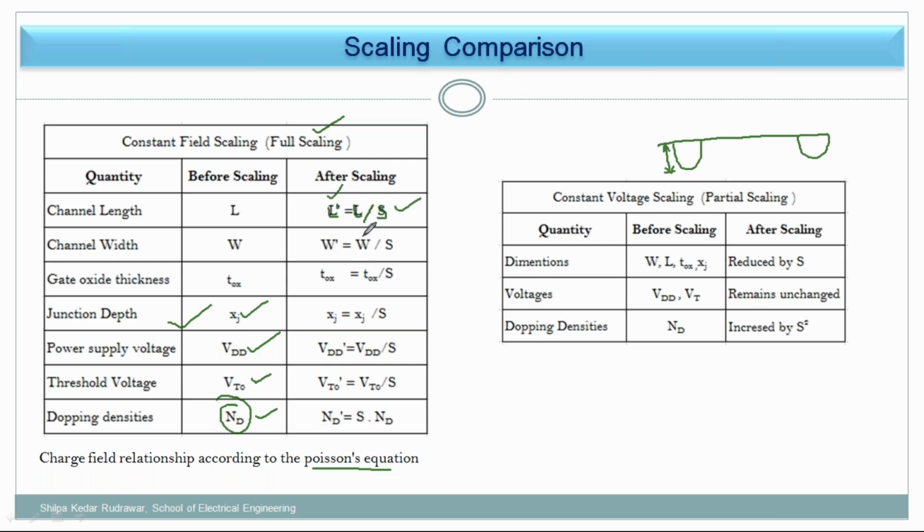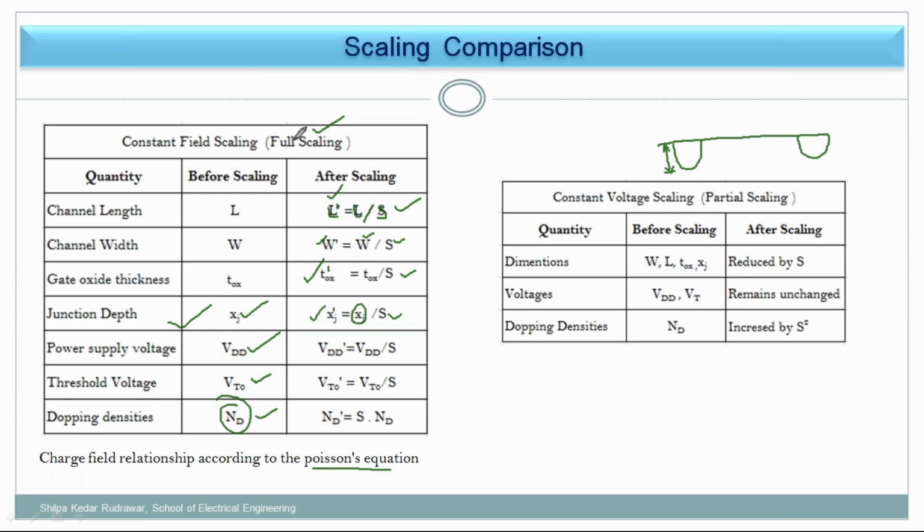In the same way, this is my actual W, scaled down by S, and after scale down it is W dash. Whatever is marked with a dash, by default it is not written over here, so consider it as a dash. So after technology scaling by S, we are getting this.